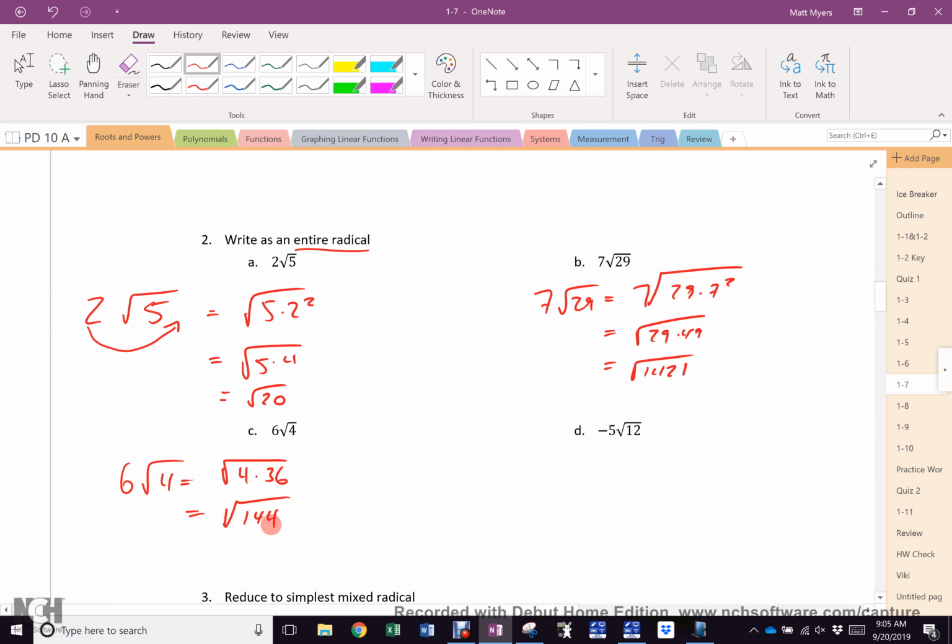Which is also what? 12 is the answer there, right? And that makes sense because what is the square root of 4? So what would come out? Did I leave anything under there? No. Good. Now, D screws kids up. Everybody do D. See if you can get it right.